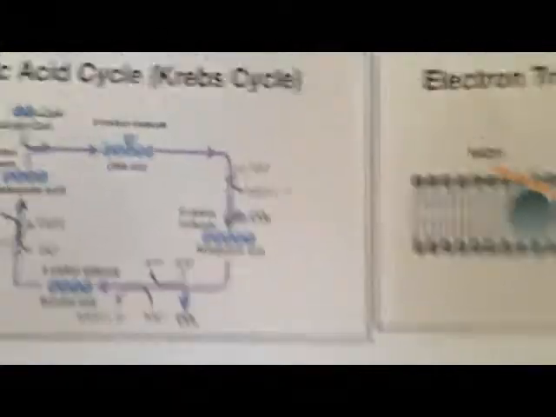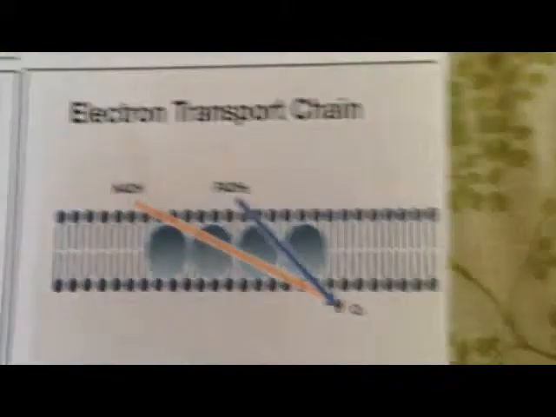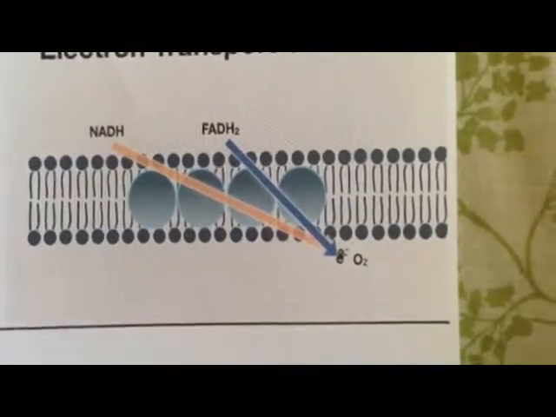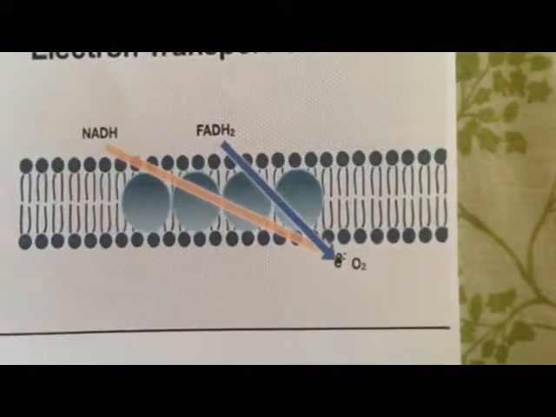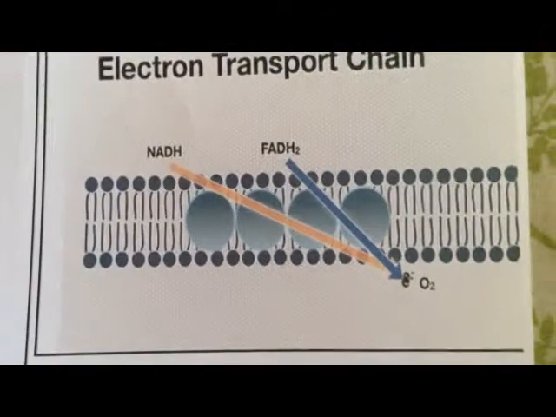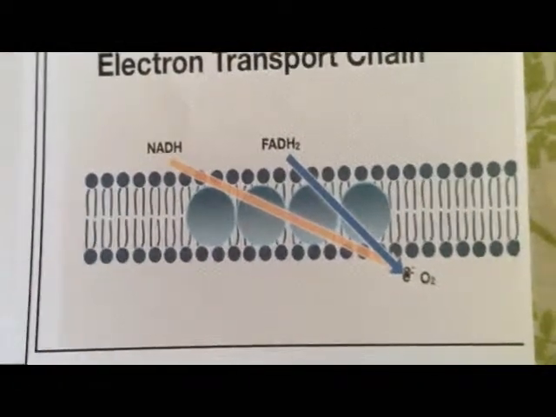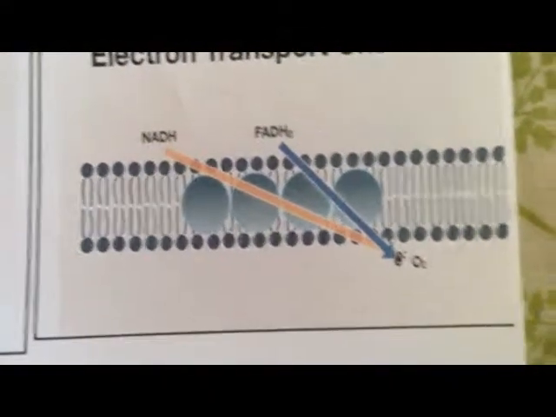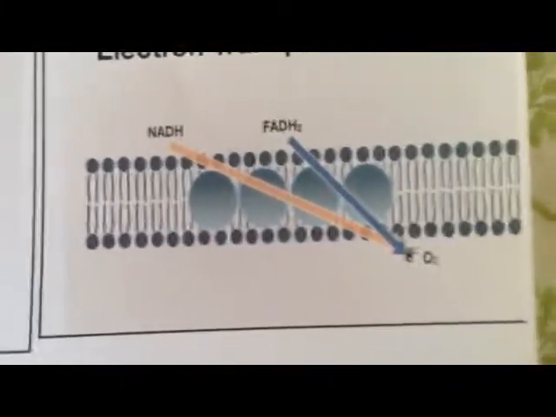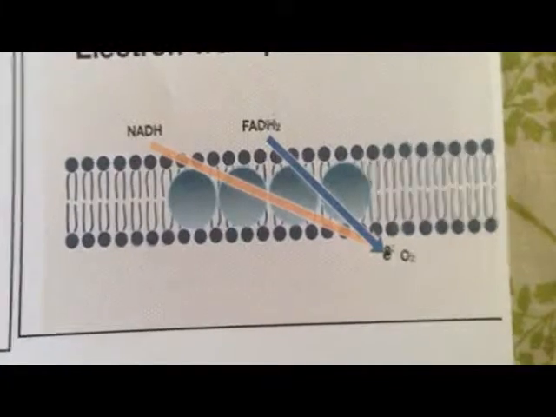This brings us to the electron transport chain. This is a series of proteins embedded in the mitochondria membrane, similar in idea to plant cells. So we have now generated FADH2 and NADH, and they carry electrons to the electron transport chain.